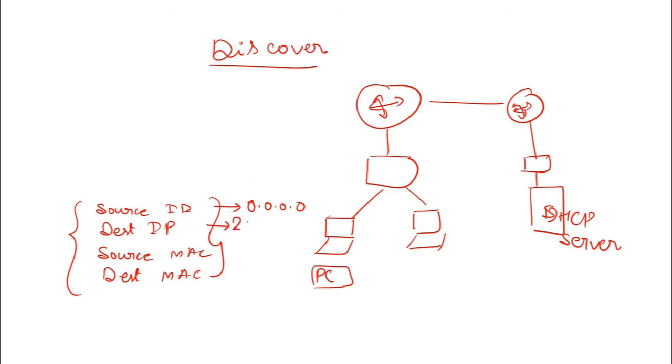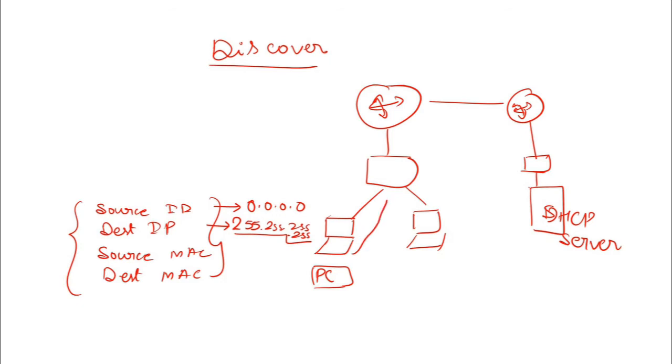So for that purpose, it uses the broadcast address 255.255.255.255. You might be aware that whenever we send information to this broadcast IP address, that information goes to all the computers, right?